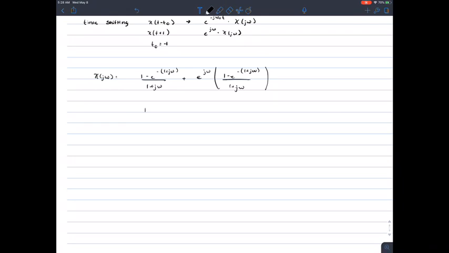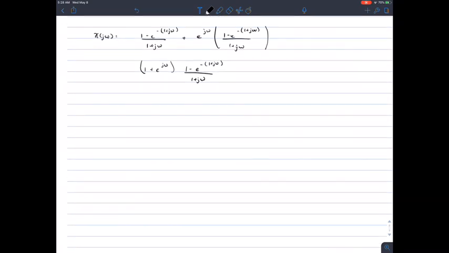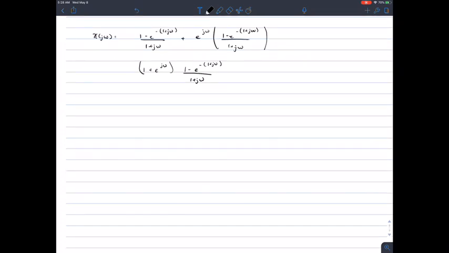So this is going to be 1 plus e to the j omega times 1 minus e to the negative 1 plus j omega over 1 plus j omega. Okay, so this is going to make it much simpler to distribute.